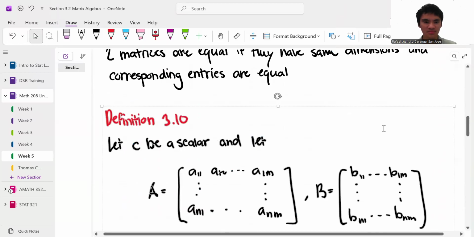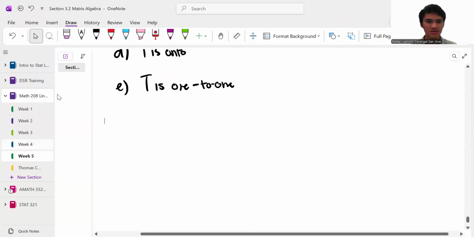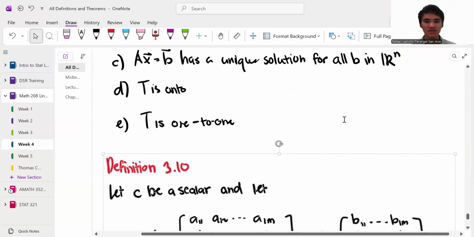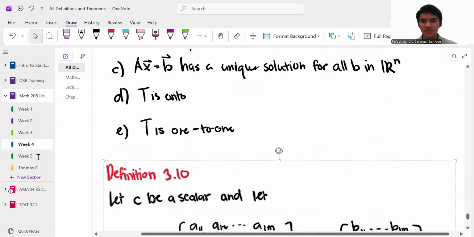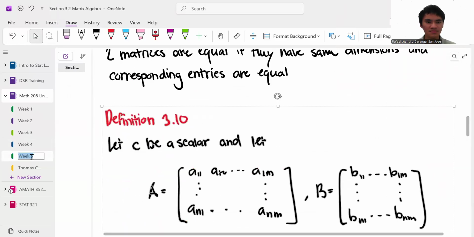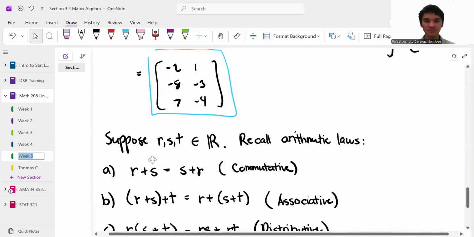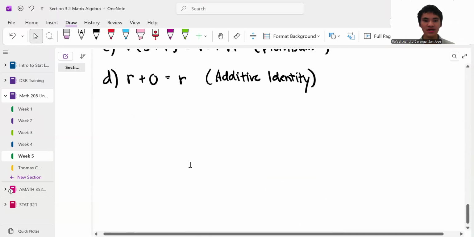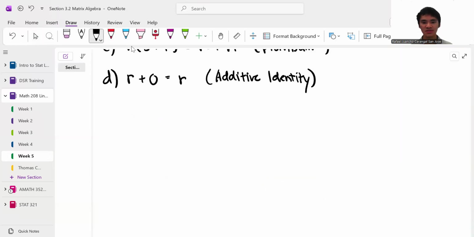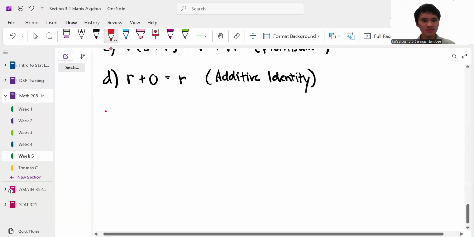Cool. This should be over here. Okay, agrees. That's nice. Let's see. So we have these arithmetic properties, right? Now let's look at the theorem.